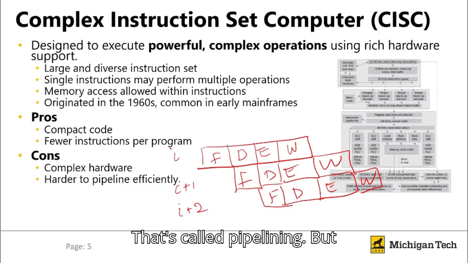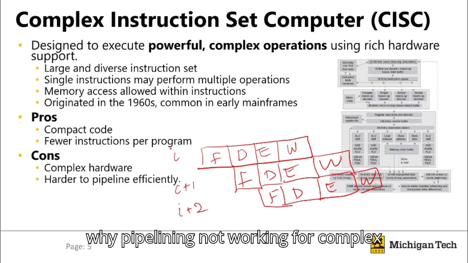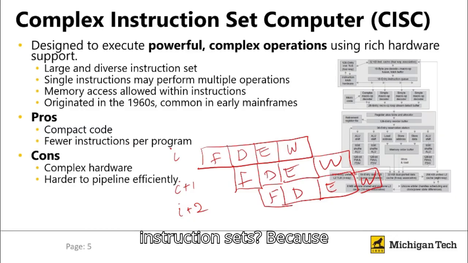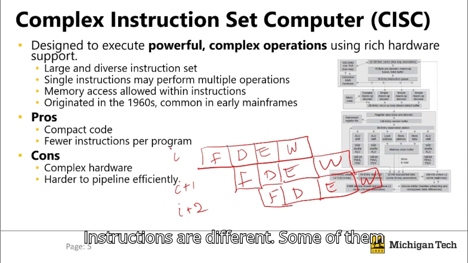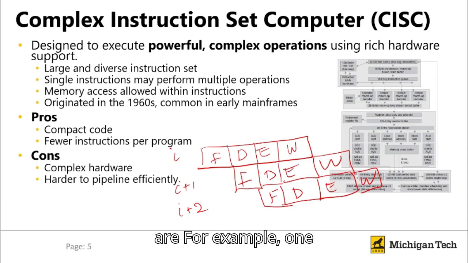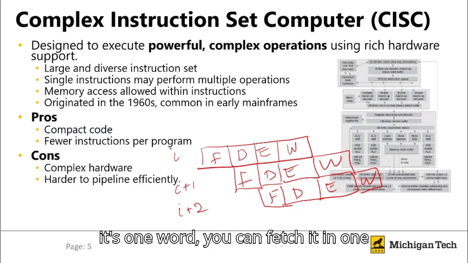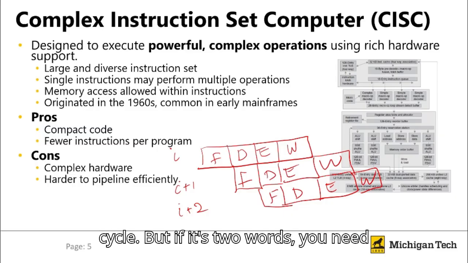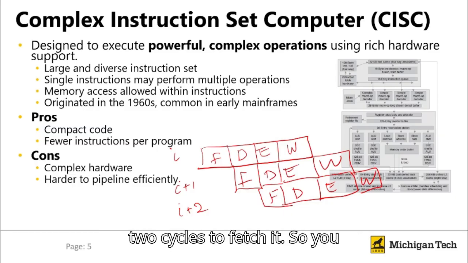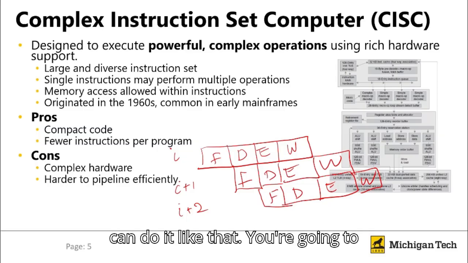That's called pipelining. But why does pipelining not work well for complex instruction sets? Because instructions are not regular. Instructions are different. Some of them are, for example, 1 word, some of them 2 words. If it's 1 word, you can fetch it in 1 cycle. But if it's 2 words, you need 2 cycles to fetch it. So you can't do it like that.